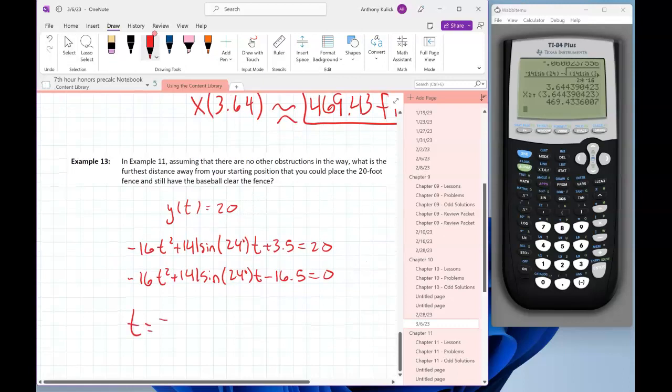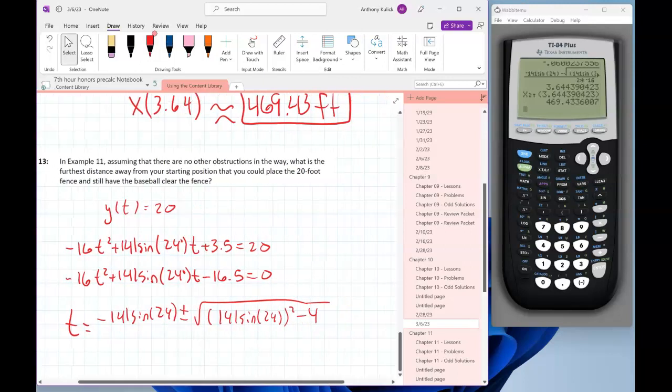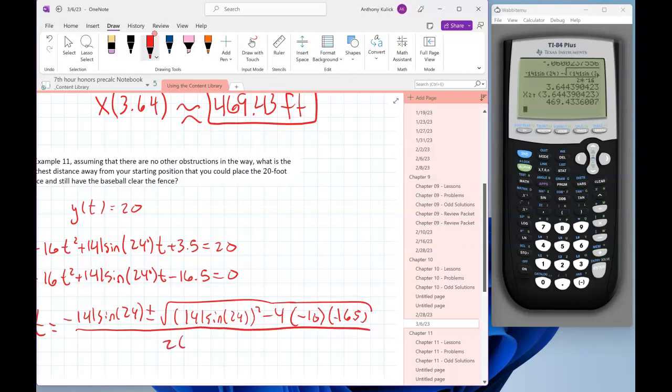So t is going to equal negative 141 sine 24 plus or minus square root quantity 141 sine 24 squared minus 4 times negative 16 times negative 16.5, all divided by 2 times negative 16.